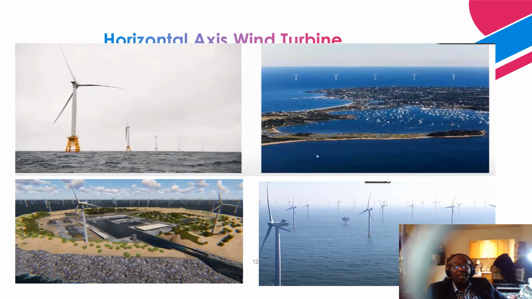And as you can see over here, these are the typical substations where the harnessed power goes through the power electronics converters that change it for the transmission level, changing the AC to DC before it is transmitted through the subsea cable to onshore facilities.